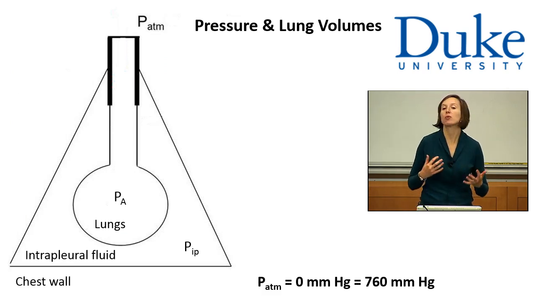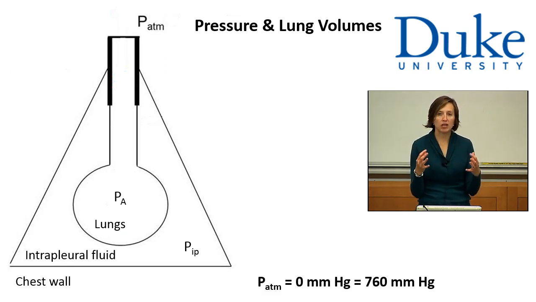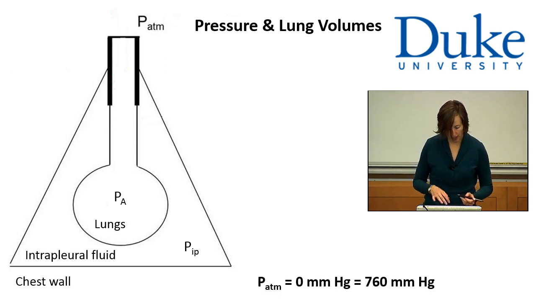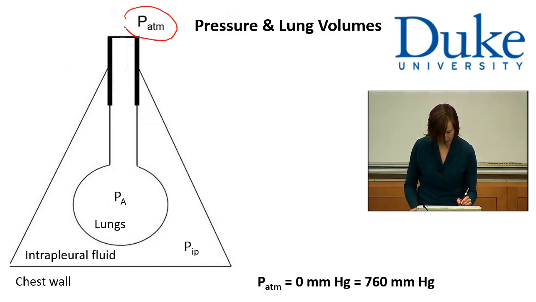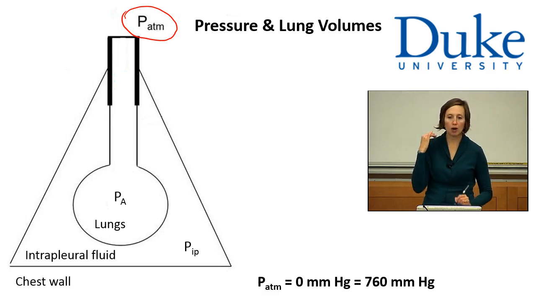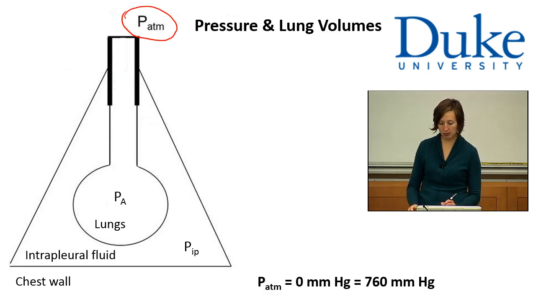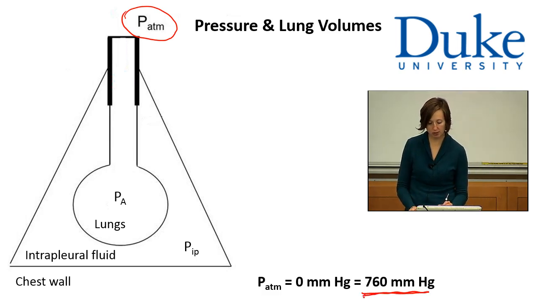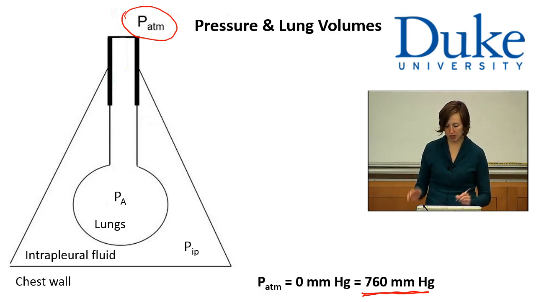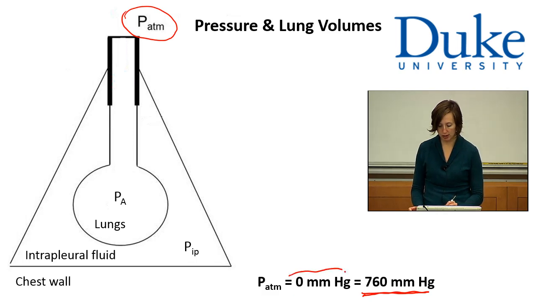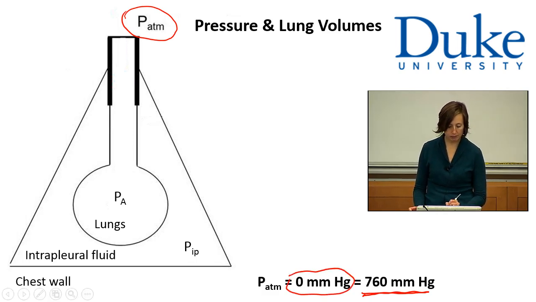So now that we've talked about that, we can consider the pressure in the pleural sac. So we've got a few things marked here where we've got the atmospheric pressure, which we're going to just assume is zero. We know it's really equal to 760 millimeters of mercury, but for ease of computations, we're going to just call it 0 millimeters of mercury.